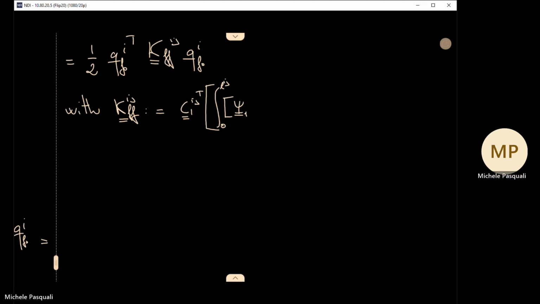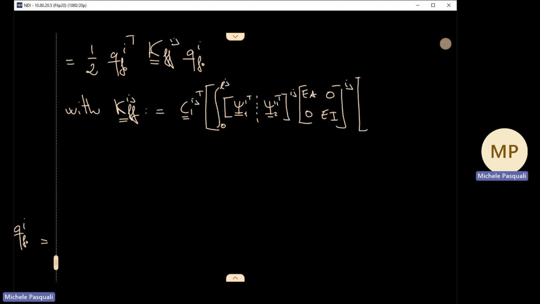So psi1 prime transposed, psi2 double prime transposed, ij, EA 0, 0, EI, ij, and then again shape functions derived one time and two times with respect to x1.